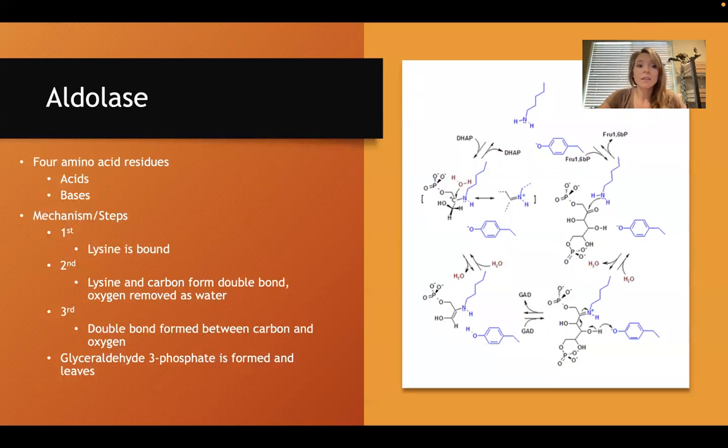Okay, so aldolase is a large enzyme. The active site utilizes 4 amino acid residues. We have 2 lysines, 1 glutamic acid, and 1 arginine. The key catalytic amino acid residues involved in the reaction are lysine and tyrosine. The main amino acid residue in the aldolase active site is lysine 223.